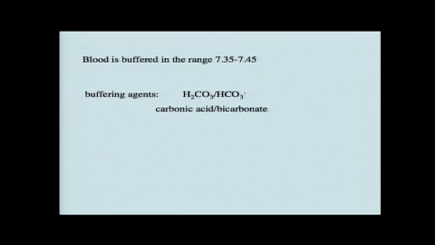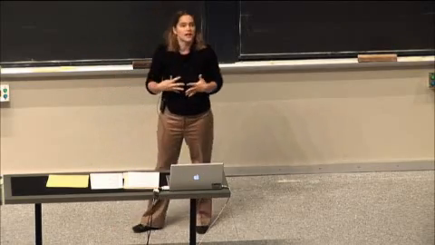So I mentioned buffering is very important. It's very important in your blood. Your blood is buffered in the range of pH 7.35 to 7.45, and you have a conjugate acid-base pair in your blood that does the work.